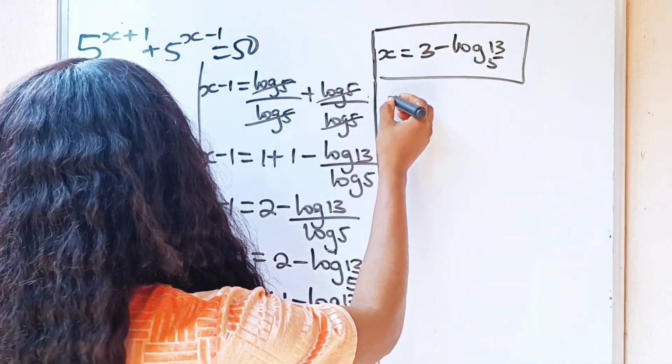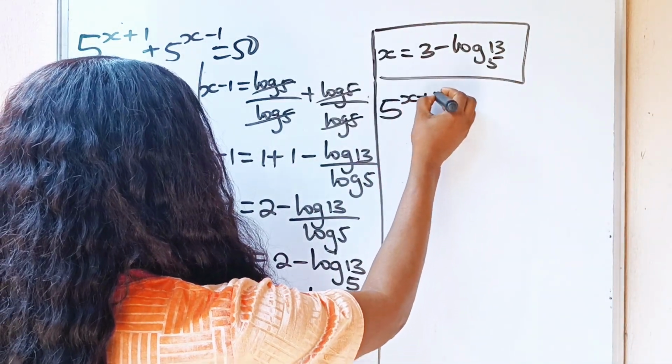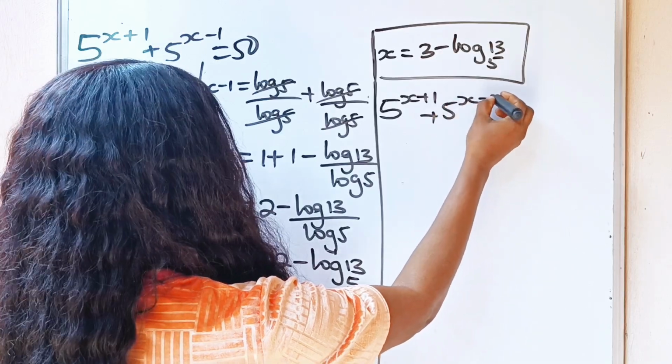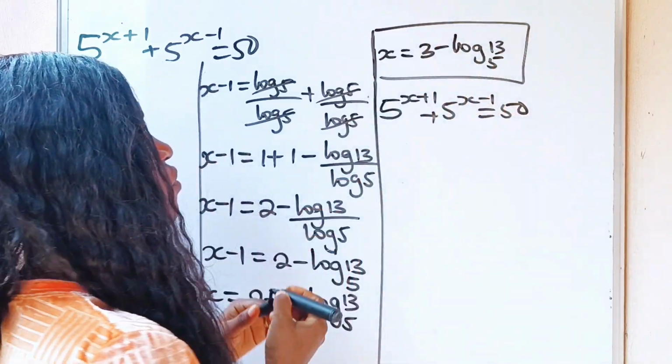So let's go ahead and substitute it into our equation to see if it is correct or not. Now the equation says that 5 to the power of x plus 1 plus 5 to the power of x minus 1 is equal to 50.